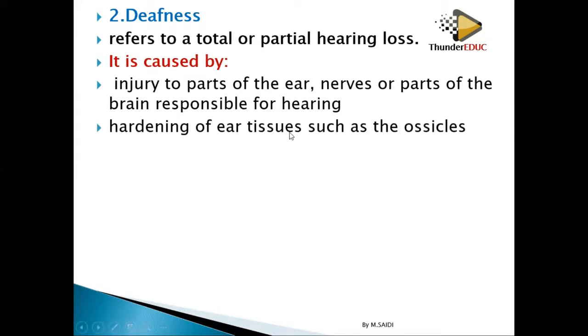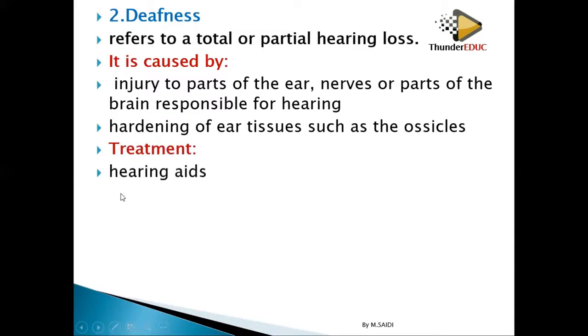Then there is hardening of the ear tissue, such as the ossicles. It means that the ossicles cannot move or change their position, so the vibration cannot be taken to the oval window and on to the inner ear to be detected by the organ of Corti.